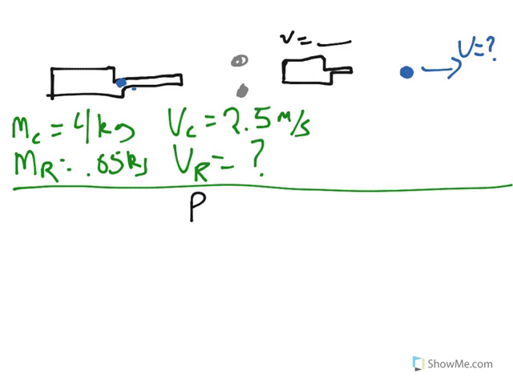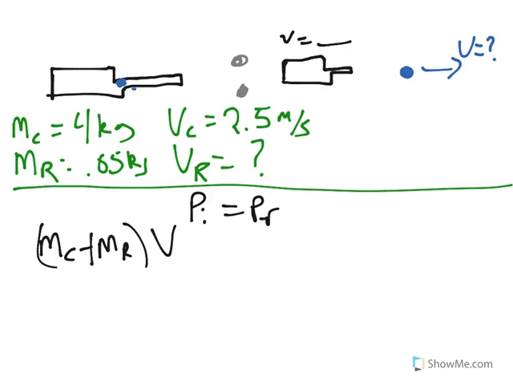So we need to remember the momentum initially equals momentum finally. We need to remember that the momentum is calculated by adding up the momentum of both objects in the system. So before, we have the momentum of the cannon plus the momentum of the racquetball. They're together because in the problem the racquetball is attached to the cannon. Their initial velocity is 0 because they are not moving.